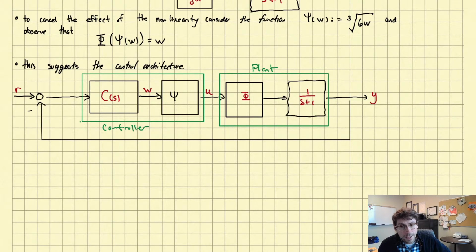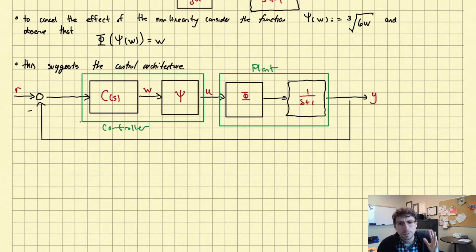And if we're good at modeling this phi term, then essentially what we would expect, hopefully, is that this term and this term cancel out, and now you have a linear system, a standard linear model, the kind we've been working with. So again, keep in mind the big picture here.